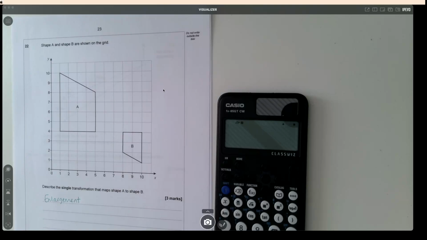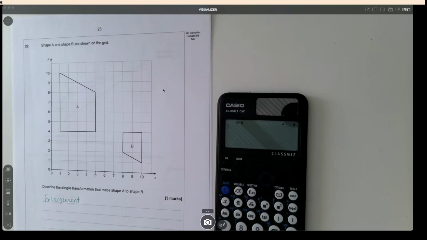Now what we need to recognise though, even though it's an enlargement, it's got smaller. And it's also changed its position, so it's going to be a negative enlargement. It's going to be a negative scale factor.